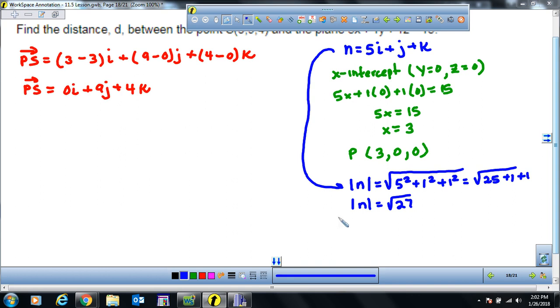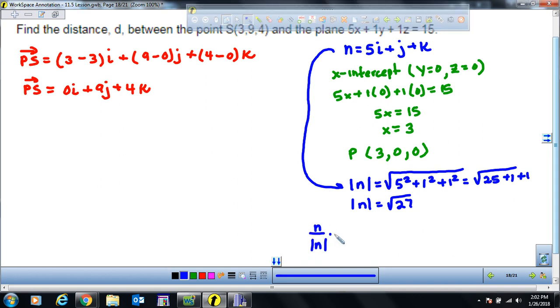So now we're going to construct a unit vector. The n over the magnitude of n will give us the unit vector in the direction of n.